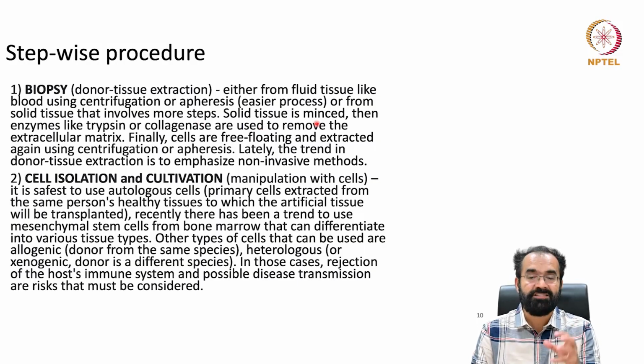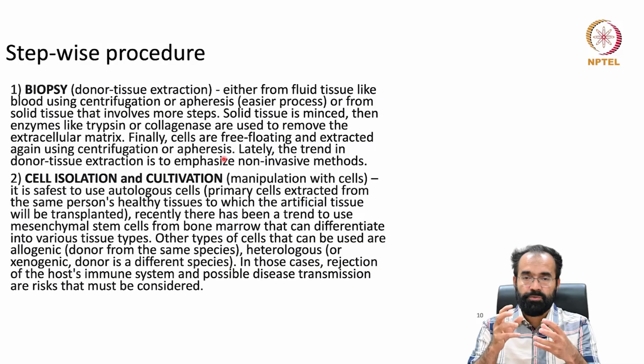Solid tissue is minced, then enzymes like trypsin or collagenase are used to remove extracellular matrix. Finally, cells are free floating and extracted using centrifugation or apheresis. So you first dislodge cells by trypsinization or any other protease treatment.